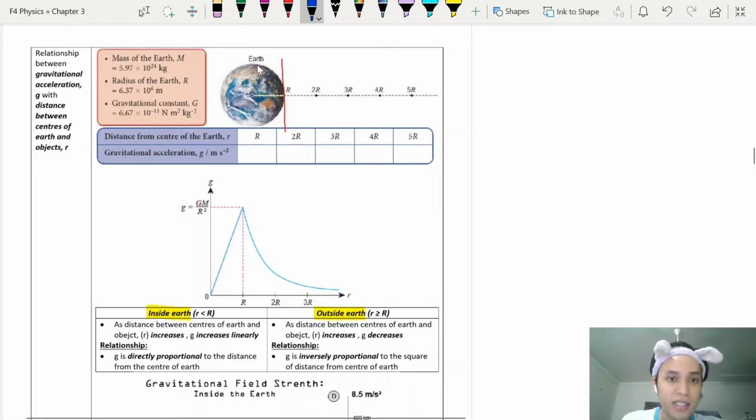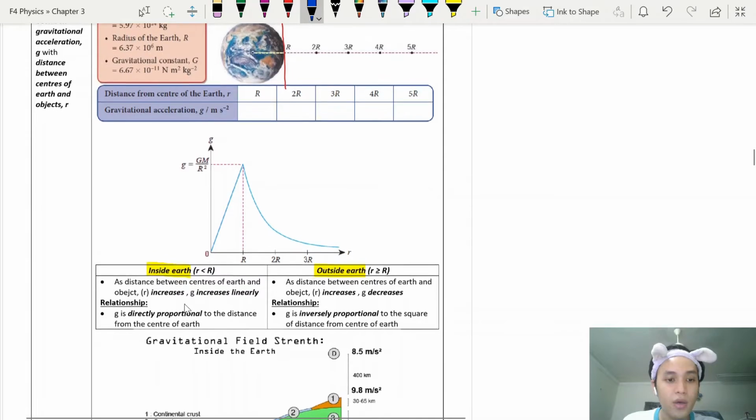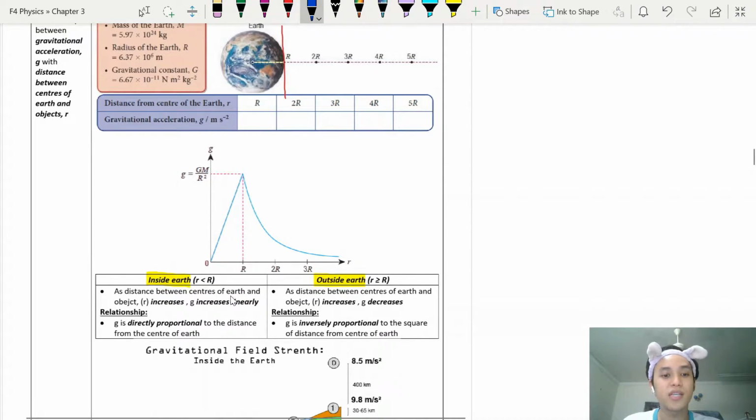Let's look at the first condition, inside Earth. This is what is stated: when the distance between the centers of Earth and object increases, your gravitational acceleration increases directly proportionally or linearly.